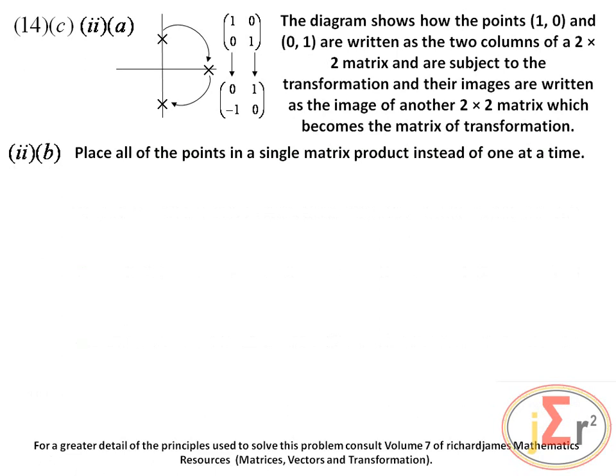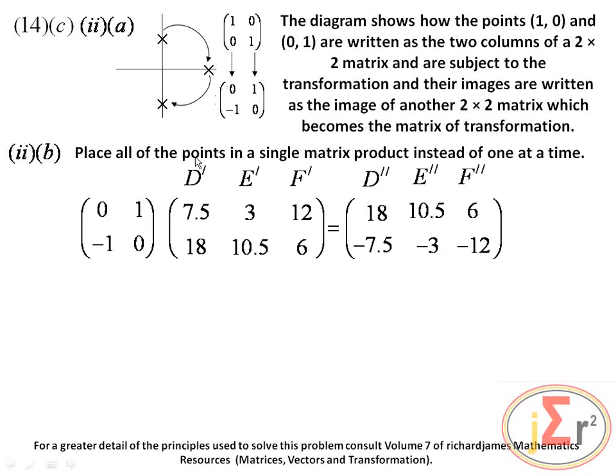Now, in order to determine the coordinates of some points under rotation, we will multiply the points by the matrix of transformation. So this is our matrix of transformation, and these are the points. We will multiply these points by this matrix.